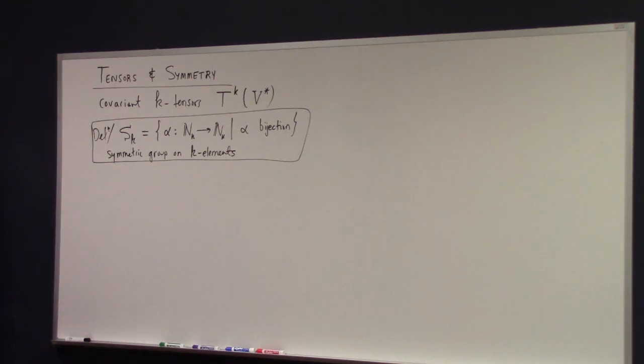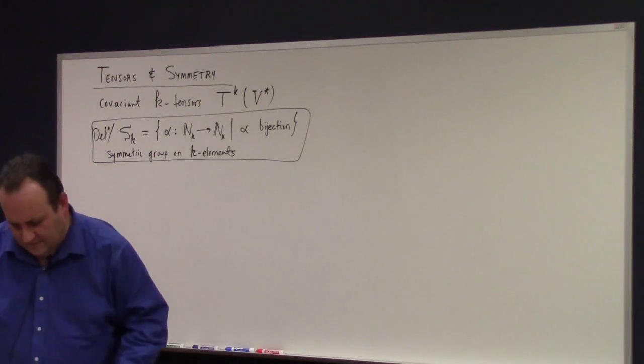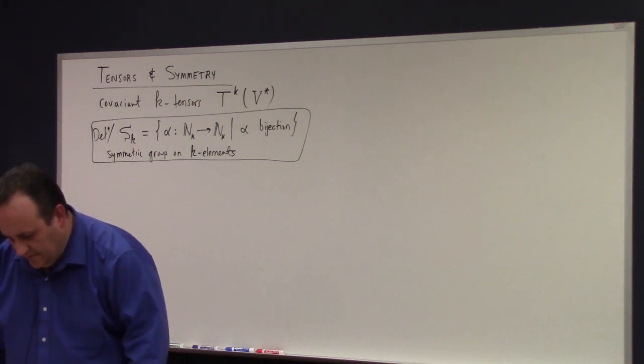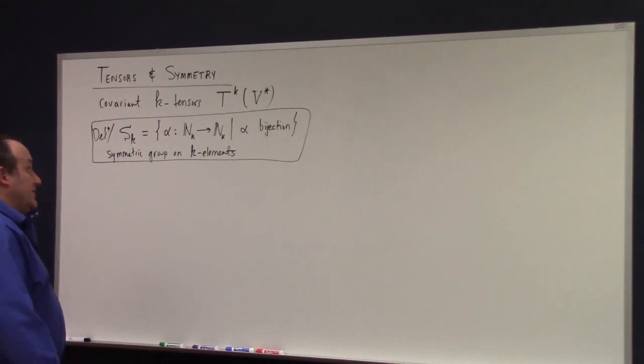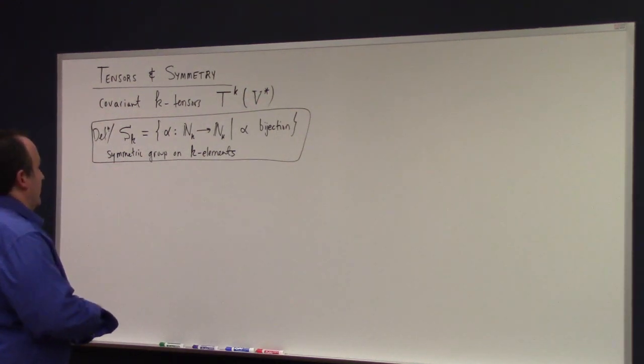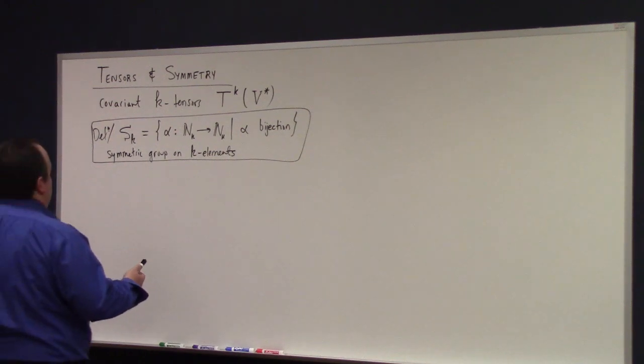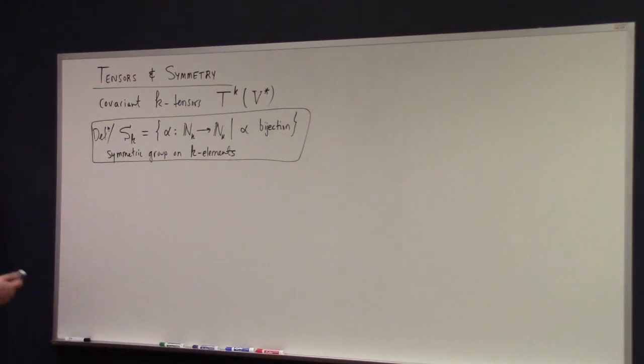It means that you're looking, I think, at linear transformations on k copies of the vector space back to the reals again. All right, that was his notation. So what we want to talk about is what does it mean for a covariant k-tensor to either be a symmetric tensor or an antisymmetric tensor. That's what we're trying to define.